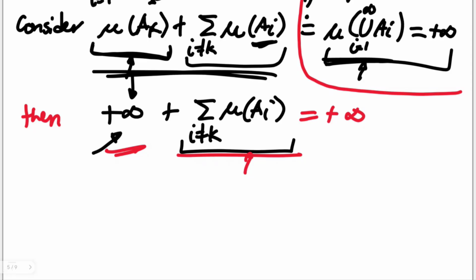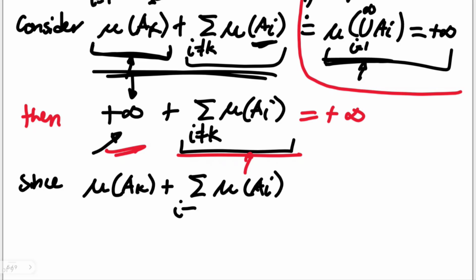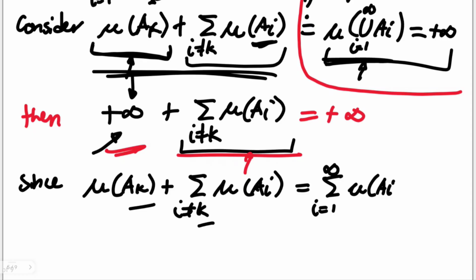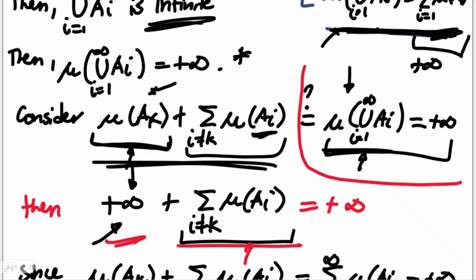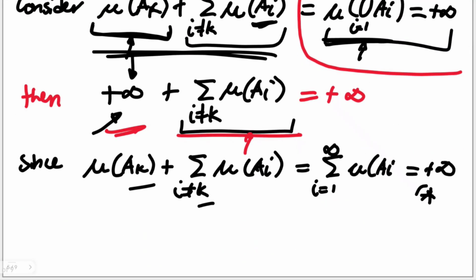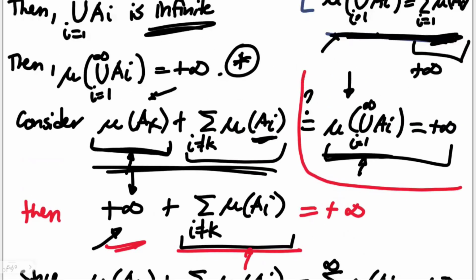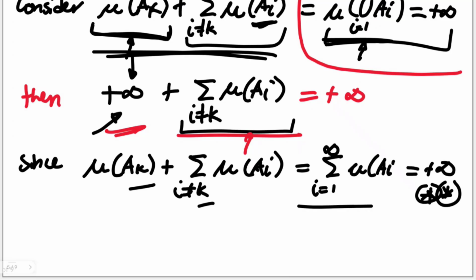Hence, we were able to establish that the mu of a sub k plus the summation of the mu of a sub i, where i is not equal to k, meaning they are separate, is just equal to the summation of mu of a sub i for all i from 1 to infinity, which includes k and the non-k's. This is positive infinity. We have established from the asterisk and double asterisk here that this expression is just equal to this expression being positive infinity.